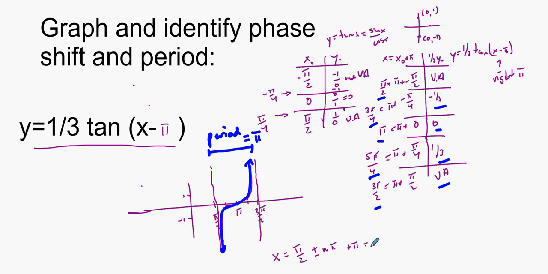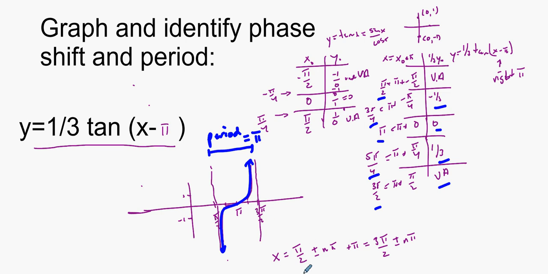And so essentially what that's going to equal is that we're going to have 3 pi over 2 plus and minus n pi, and we'll get the next ones. If we take 3 pi over 2, we subtract 1 from there, we have pi over 2, and so on and so forth. So that's how we get our new vertical asymptotes.